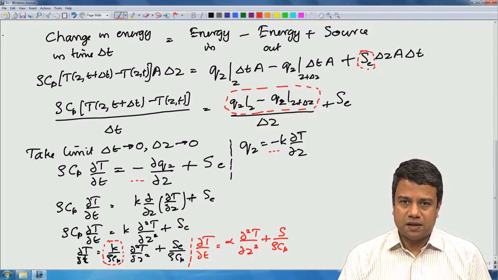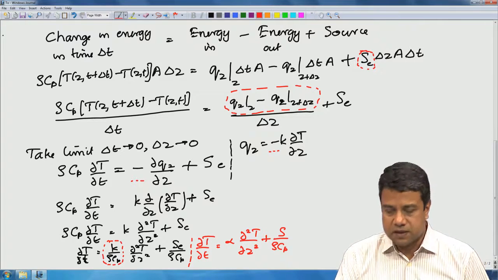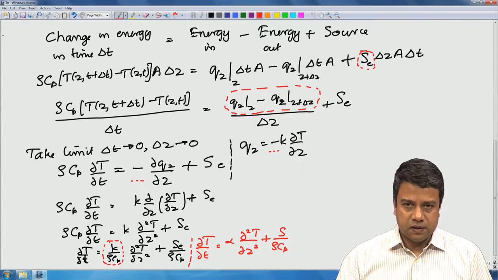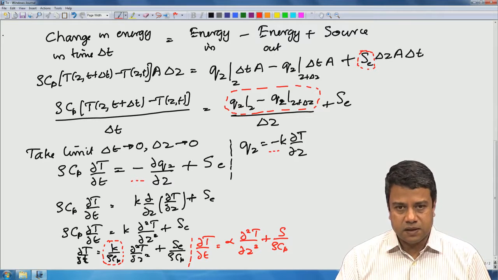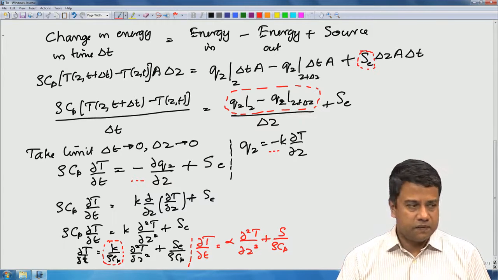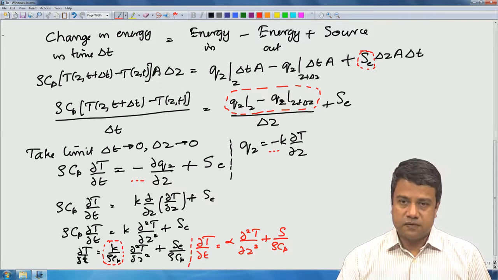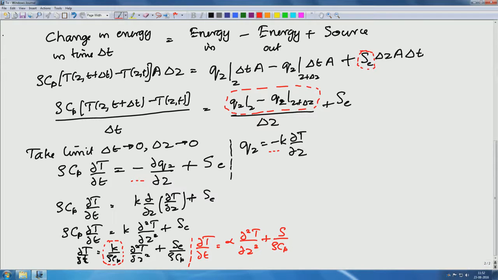When the thermal diffusion coefficient has dimensions of length square per unit time, then you get correct dimensional consistency in this equation between the time derivative and the spatial derivatives. So, this is the thermal diffusion coefficient for unsteady diffusion in one dimension.